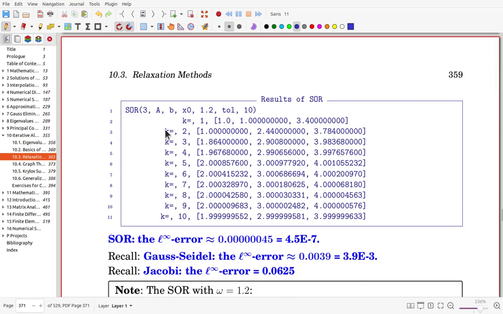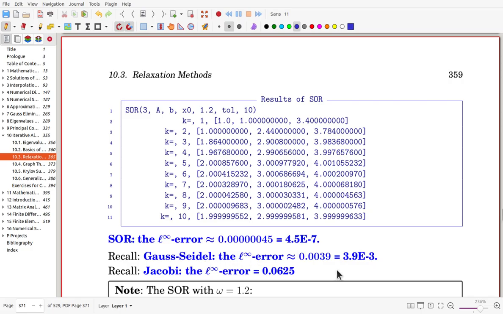Okay, for SOR, we choose the same matrix, same right-hand side, the same initialization, and 10 iterations. For omega, we chose 1.2. Look at here. After 10 iterations, wow. Now the maximum error becomes 4.5 times 10 to the minus 7.